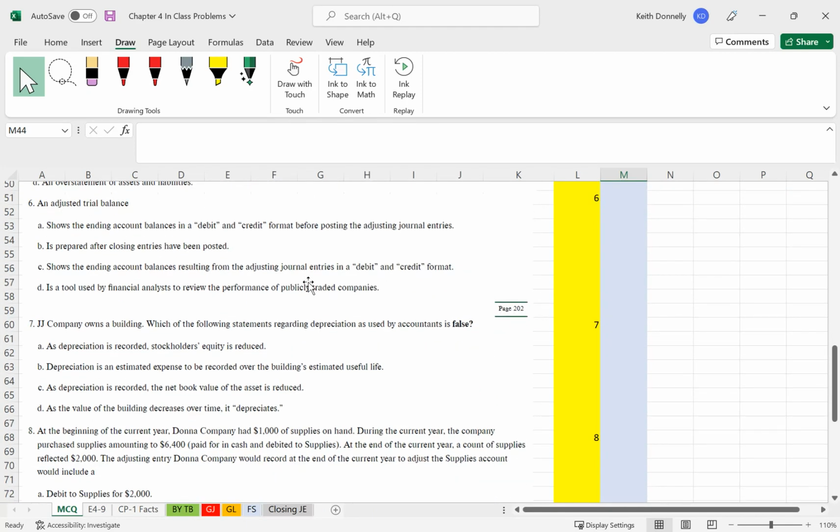6, an adjusted trial balance. For 6, this is going to be C, shows the ending account balances resulting from the adjusting journal entries in debit and credit format.